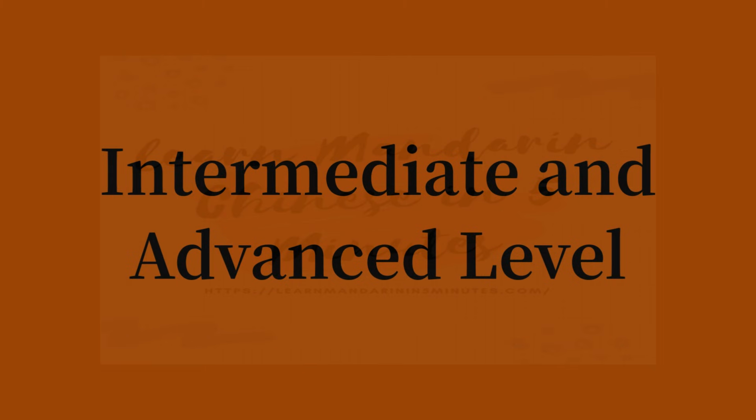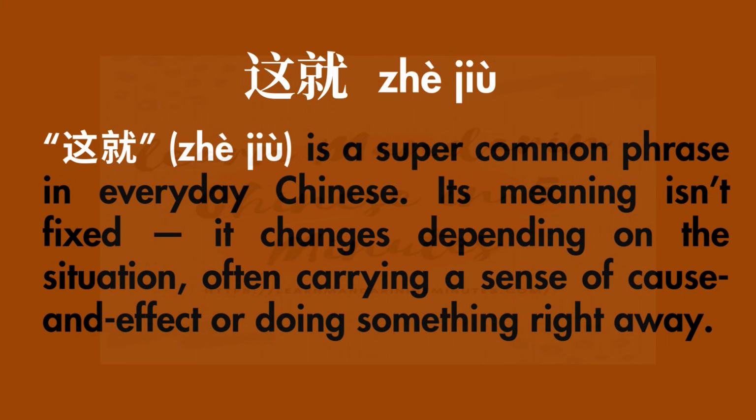For intermediate and advanced learners, 这 is about situations, emotions, and logic, not just objects. 这就 is a super common phrase in everyday Chinese. Its meaning isn't fixed. It changes depending on the situation, often carrying a sense of cause and effect or doing something right away.